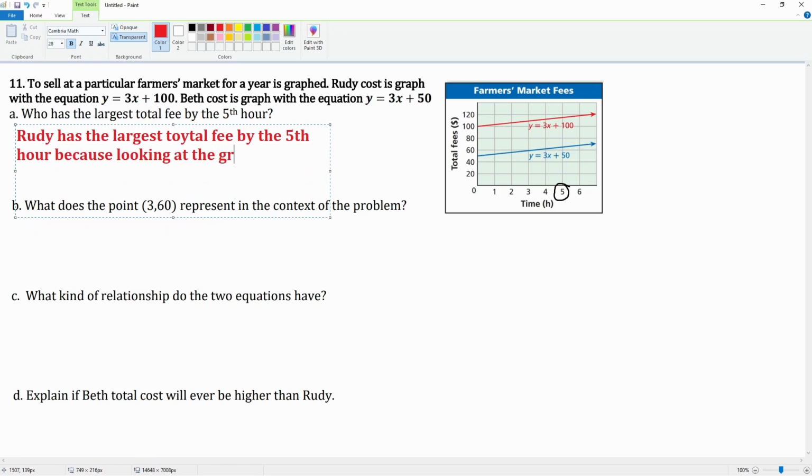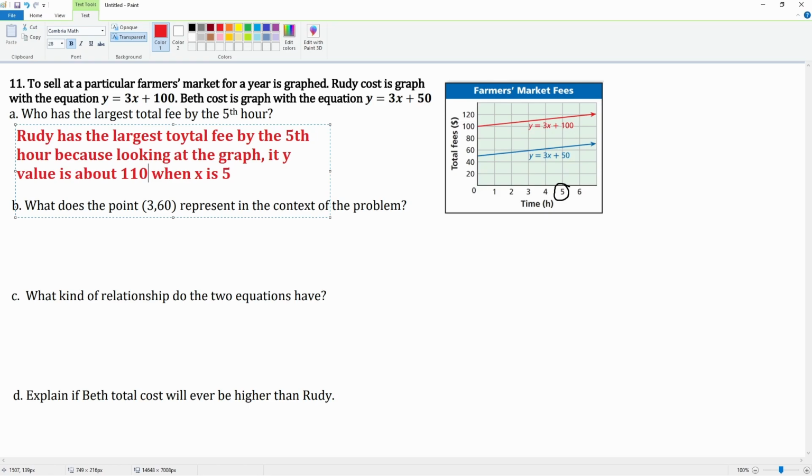Looking at the graph, its y value when x is 5, its y value is about what, 110 maybe, yeah, 110.